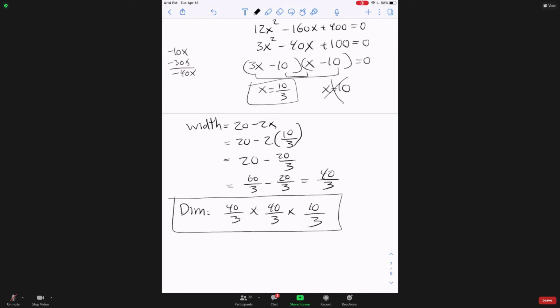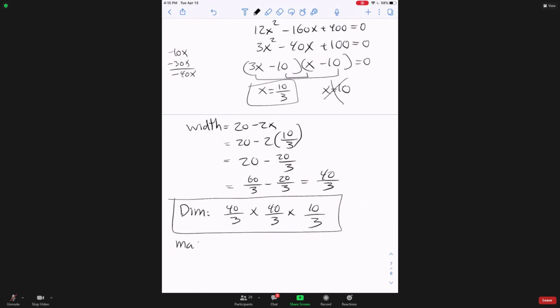These are the dimensions that will give you the maximum volume. What is the maximum volume? Well, whatever the product is there. 40 times 40 times 10 is 16,000 over 3 times 3 times 3, which is 27 cubic inches.